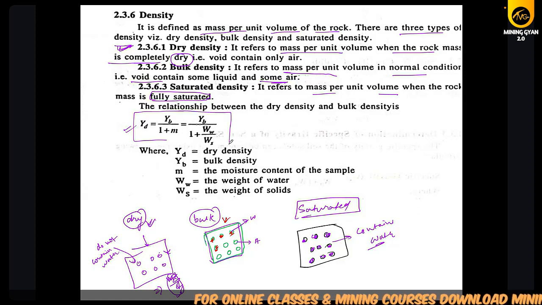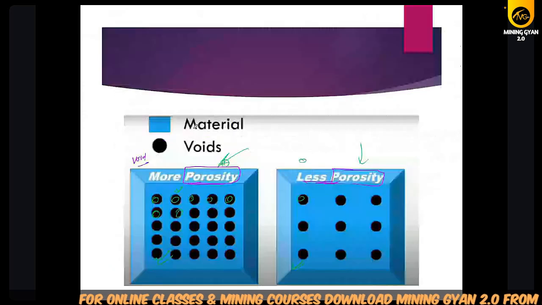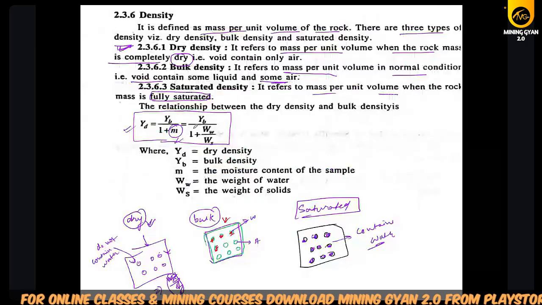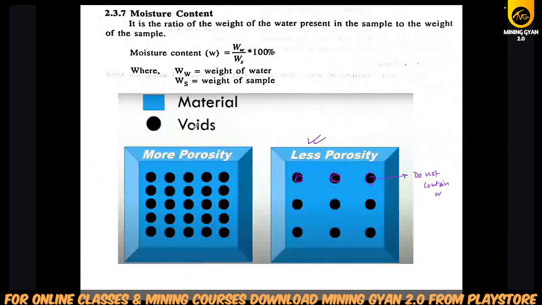Here this is the moisture. First we will see moisture, then we come back to this formula. So what is the moisture content? It is the ratio of the weight of the water present in the sample to the weight of the sample. What it means?